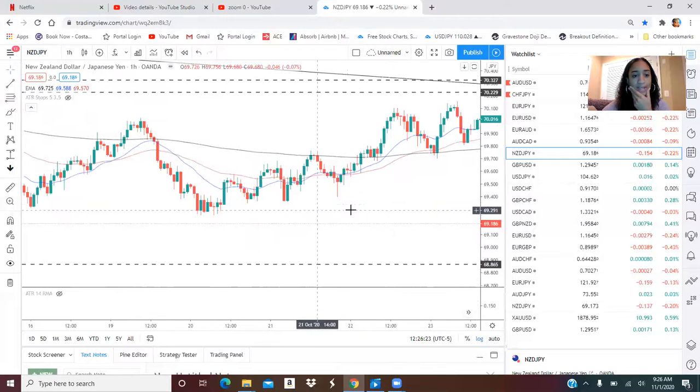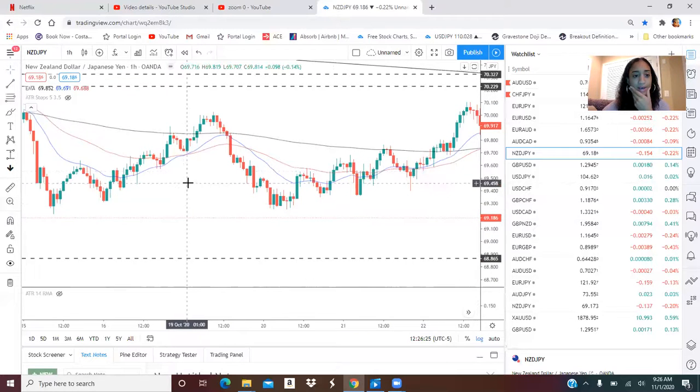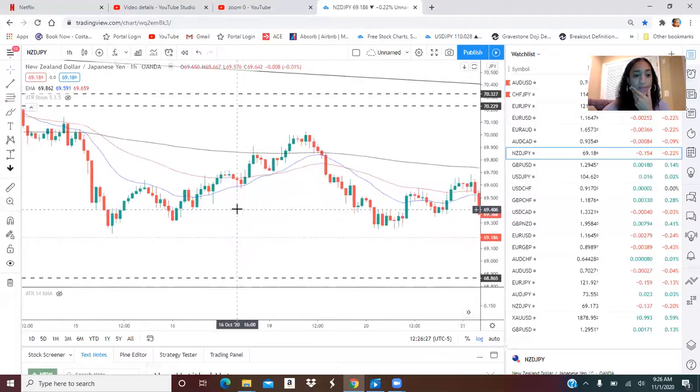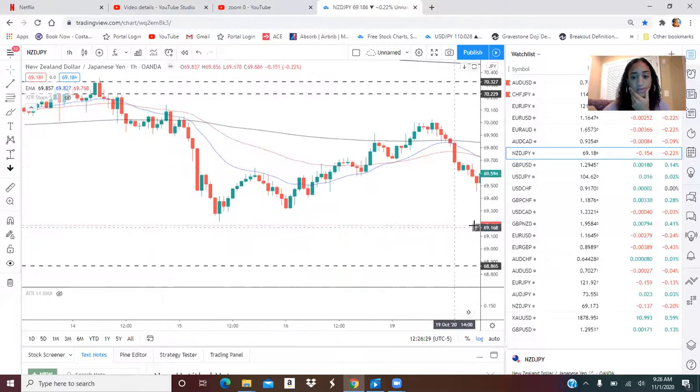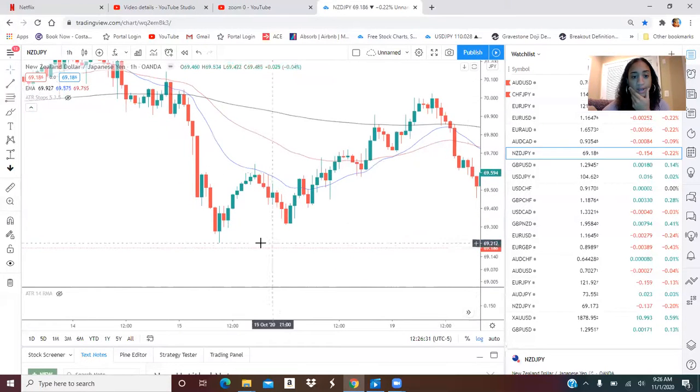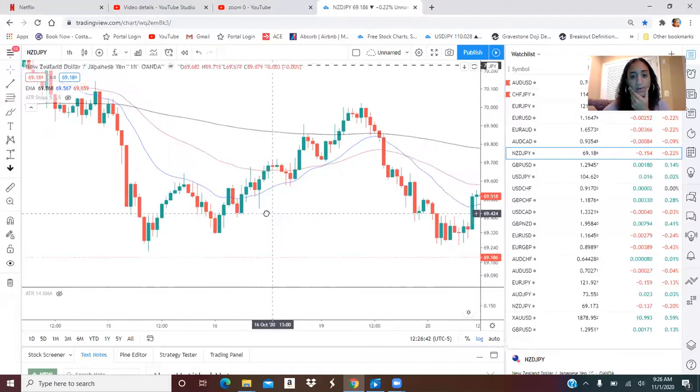I'm going to show you guys a dragonfly doji. Here we have another shooting star, bulls pushing price up. Boom, we have a shooting star right off of the 50 EMA, right? Indicating there's rejection right here, pushing price back down.